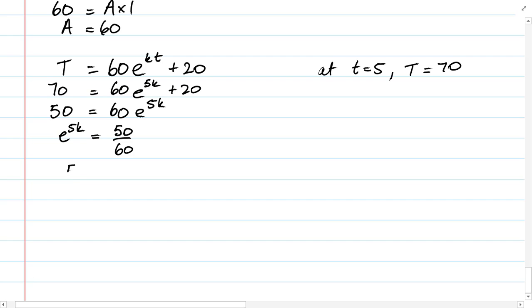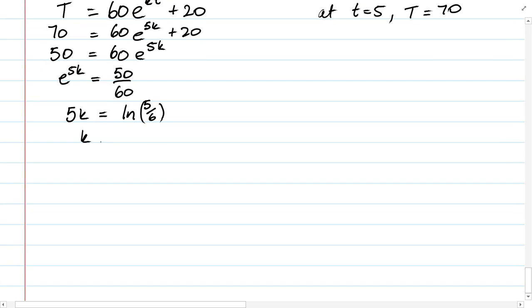Rearranging that in terms of a log again, I get 5k is equal to the natural log of 5 over 6. 50 over 60 is 5 over 6. And k is equal to the natural log of 5/6 over 5.